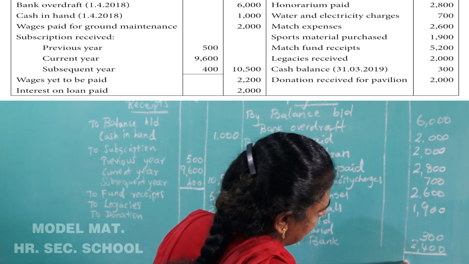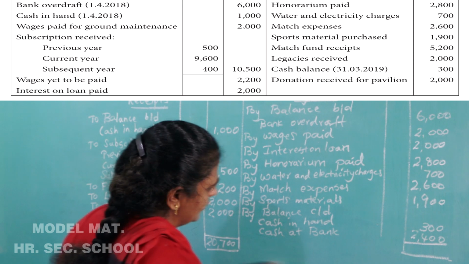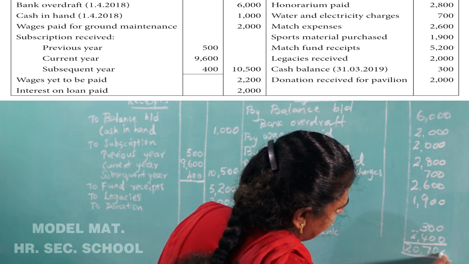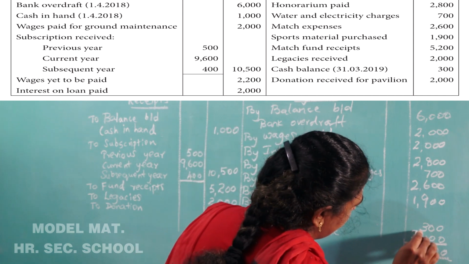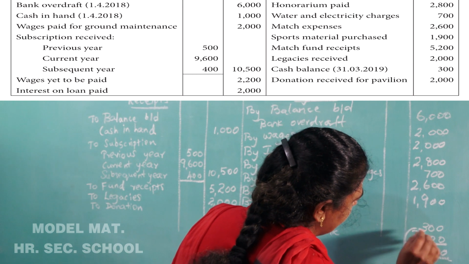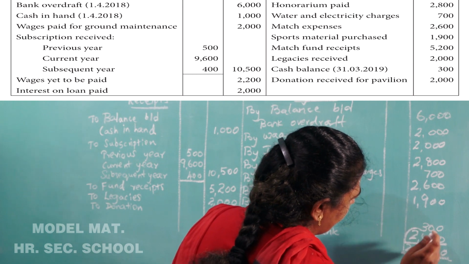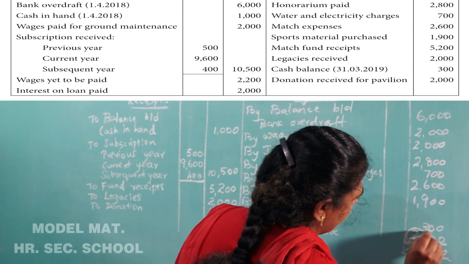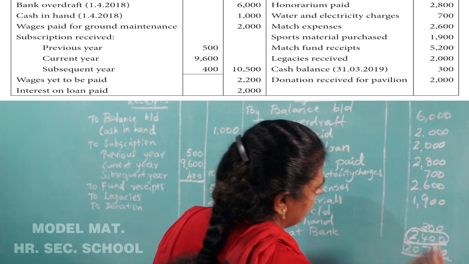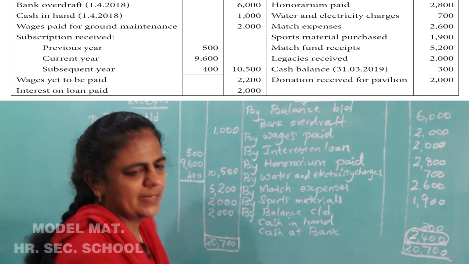Put the total, 20,700. So cash at bank is 2,400. Put a circle for the answer. Understood, children?